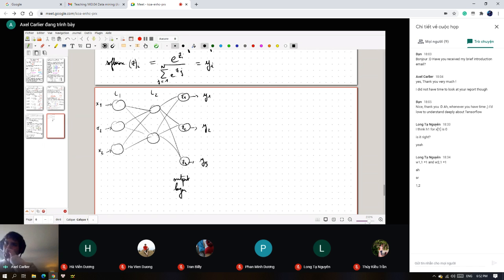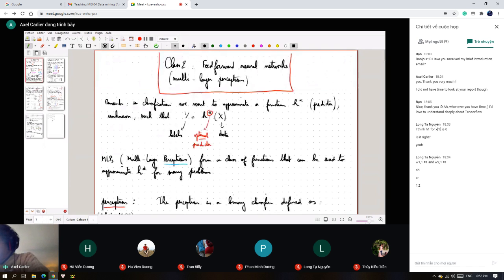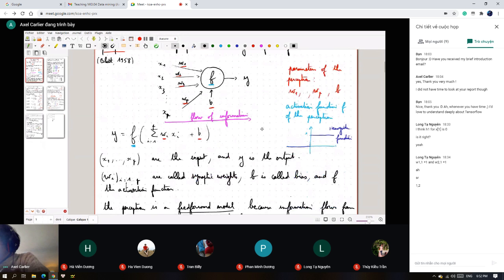So if I come back to this slide here, maybe I can take the orange. When you define the value of a neuron y, f is the activation function. You have f of this.